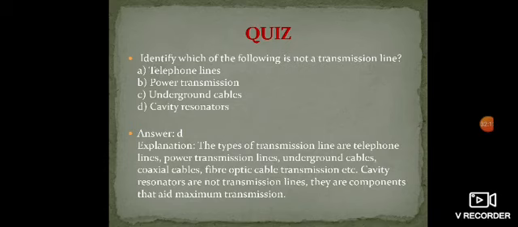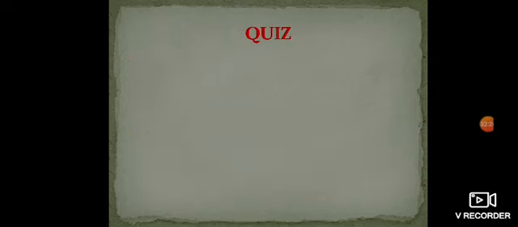So the types of transmission lines are telephonic lines, power transmission lines, underground cables, coaxial cables, fiber optic cables, etc. The cavity resonators are not transmission lines, they are components that aid maximum transmission. This is the correct answer.